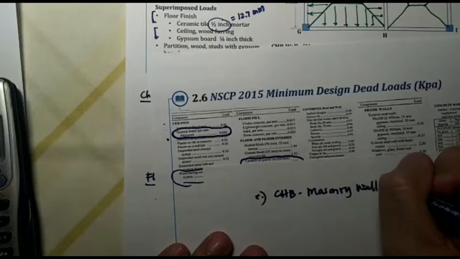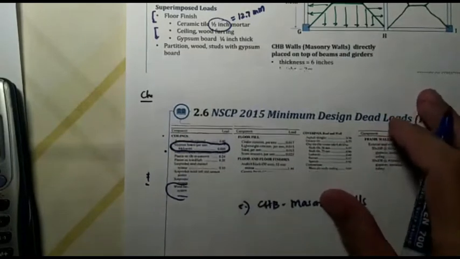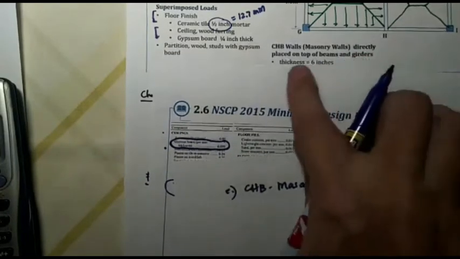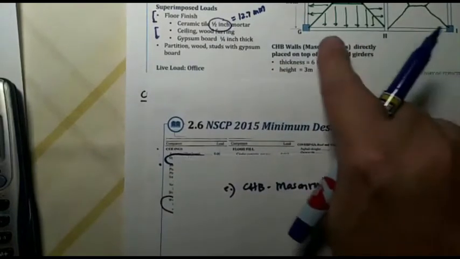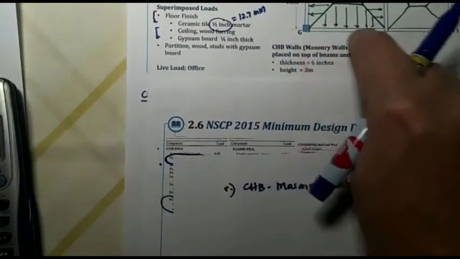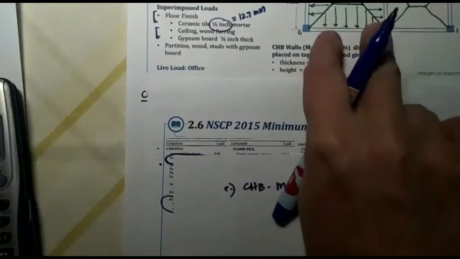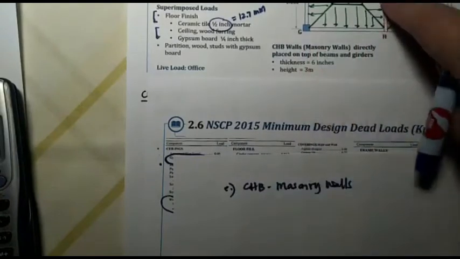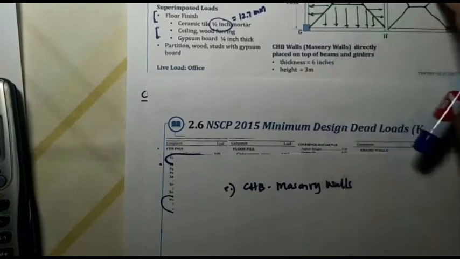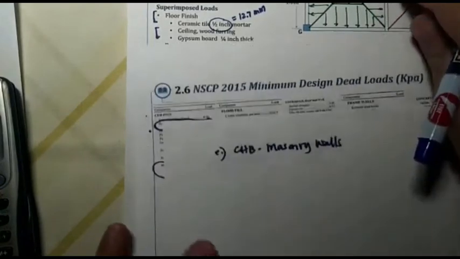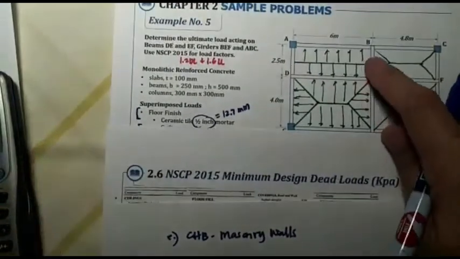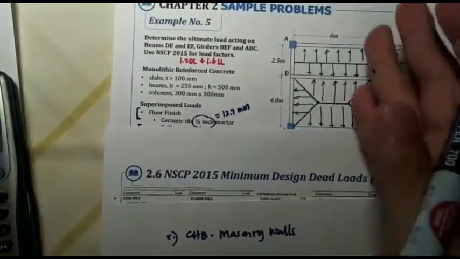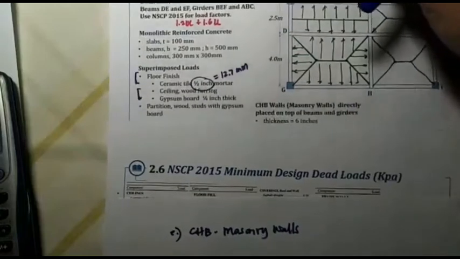As you can see, it is directly placed on top of the beams and girder. So ibig sabihin, kung nandyan yung mga beam mo, exactly nandyan yung CHB wall, nakapatong sa mga yan.